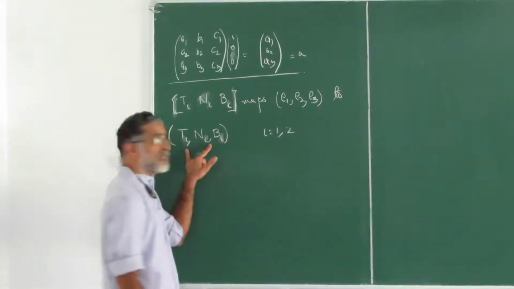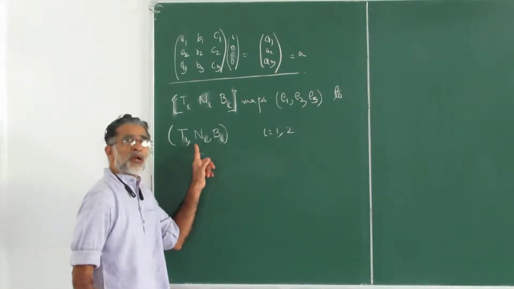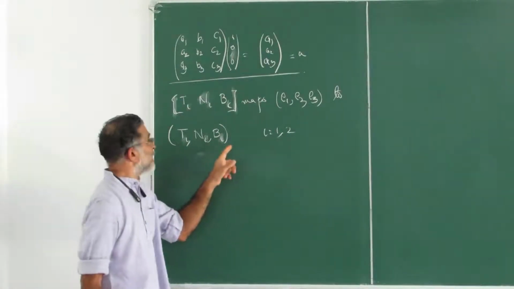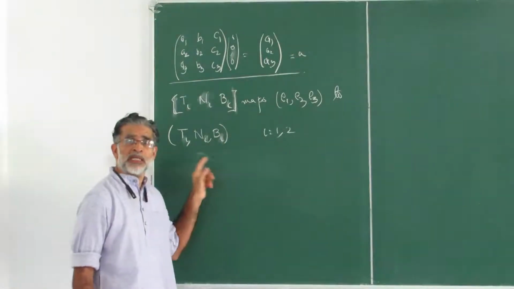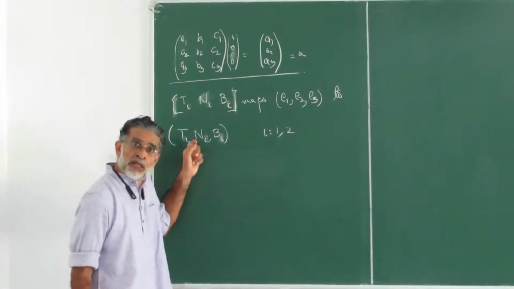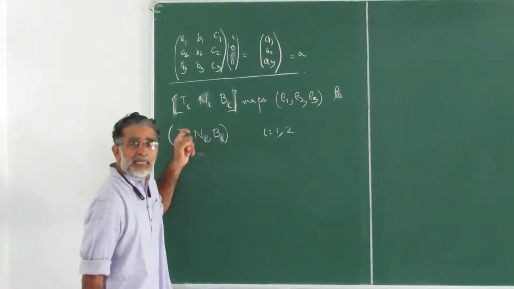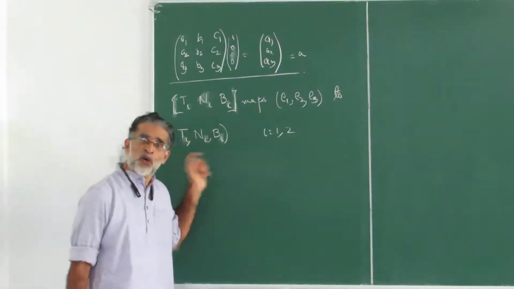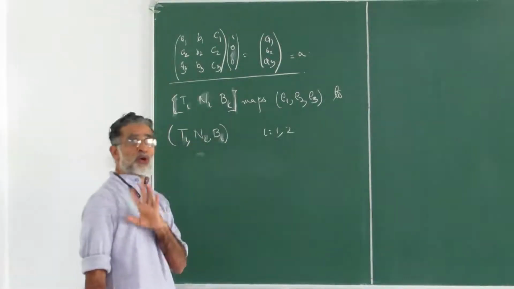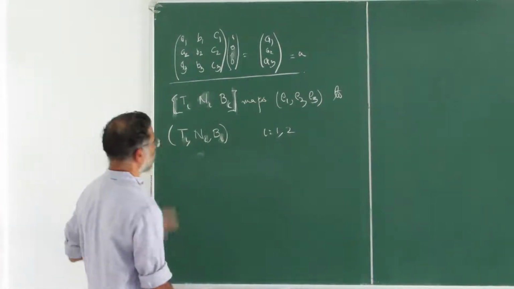What is important is that in this matrix the rows are orthonormal, because T1, N1, B1 is orthonormal, and T2, N2, B2 is orthonormal. Therefore this is not only an orthogonal matrix, it also has positive determinant, so this is a rotation. Therefore its inverses are also rotations. That's exactly the rotation that I am talking about.